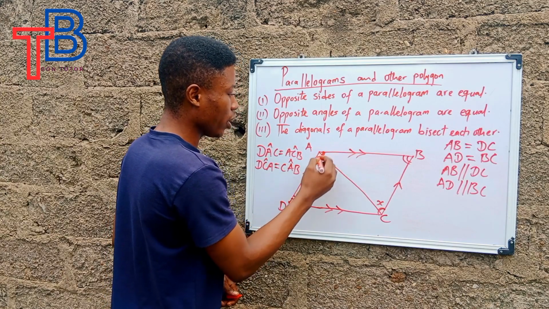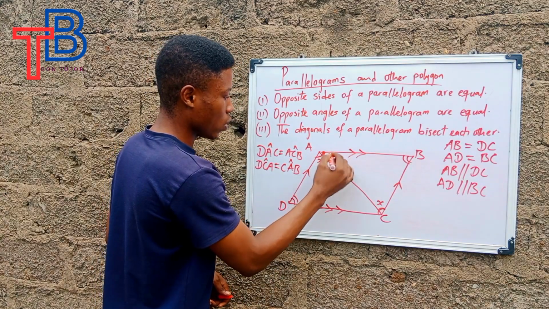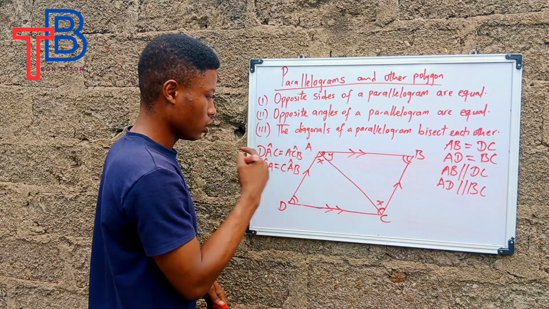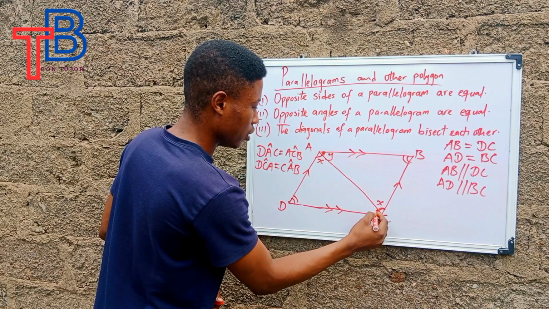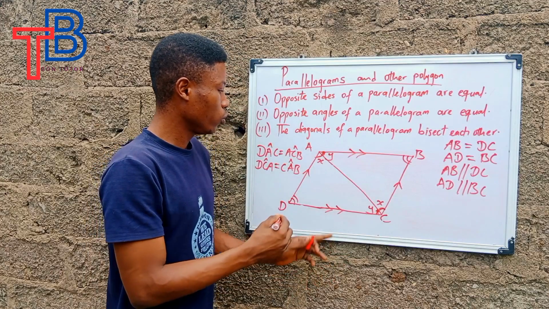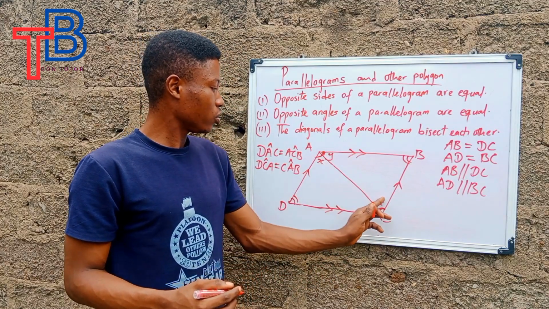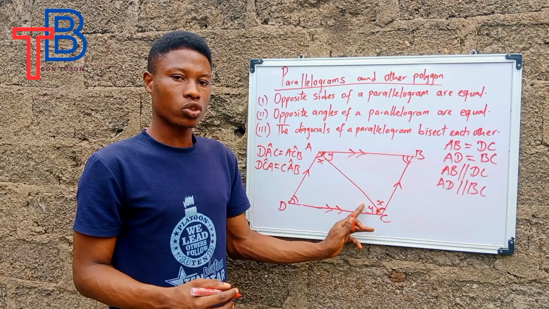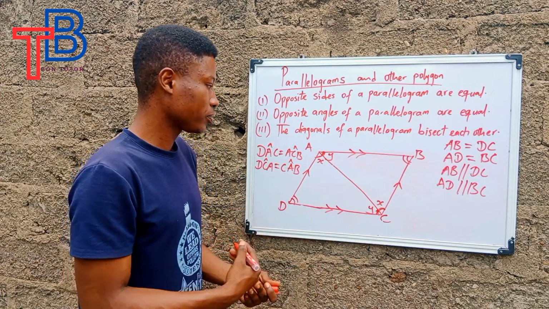That is, the angle here, let's call it y, will also be equal to the angle here. Yes, let's call here y also. So here is x, which equals here. Here is y, which is also equal to this place.